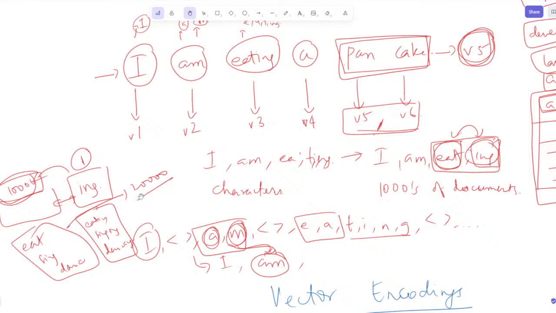So in total, we'll have 20,000 words. That's a huge increase in the number of words. So instead, what we do is we take a single word of ing, which represents doing something, right? The action is being done right now. That is what ing says. And what is the action is here. So the number of words, the number of unique vectors you have to deal with is reduced.